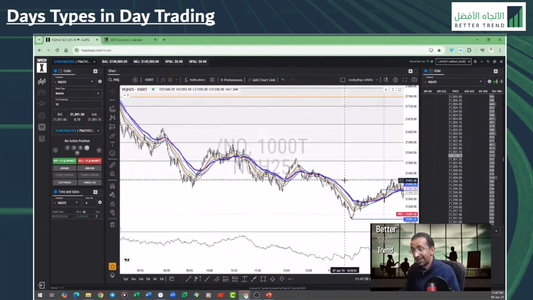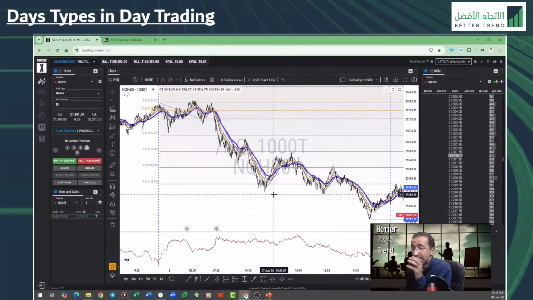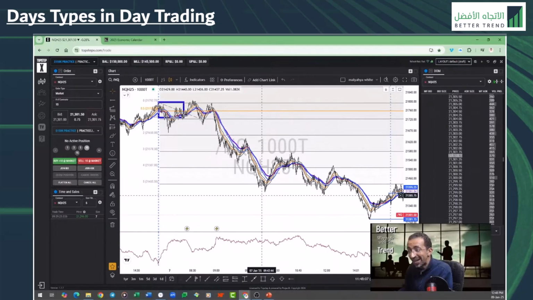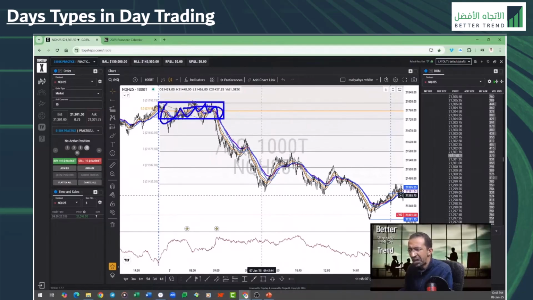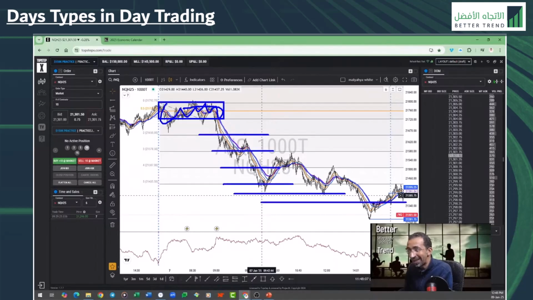Is that clear? This is why I say this is one of the easiest days to read. If the market traps traders here, they think it's a range day. They keep buying, fading. Until when? Until it breaks. Don't do that.